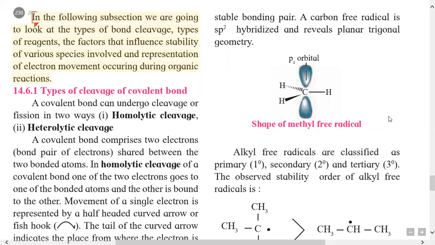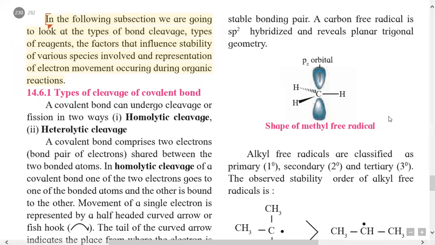And these blue colored orbitals are called pz orbitals, which contain the unpaired electron, shown with a half arrow pointing up. This is one unpaired electron present on carbon, in the p orbital.